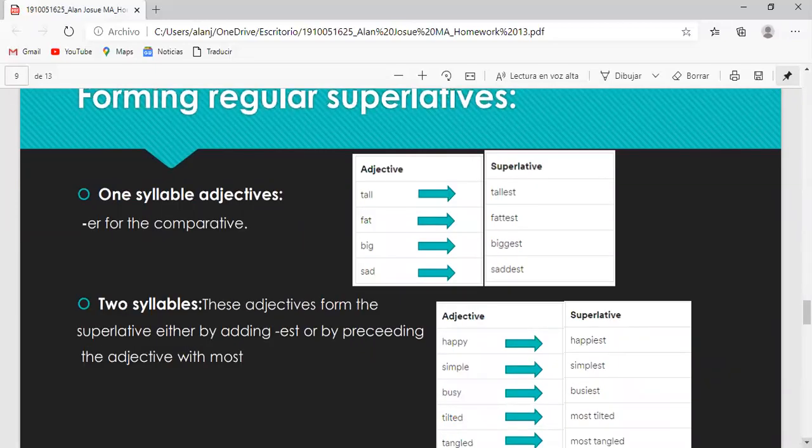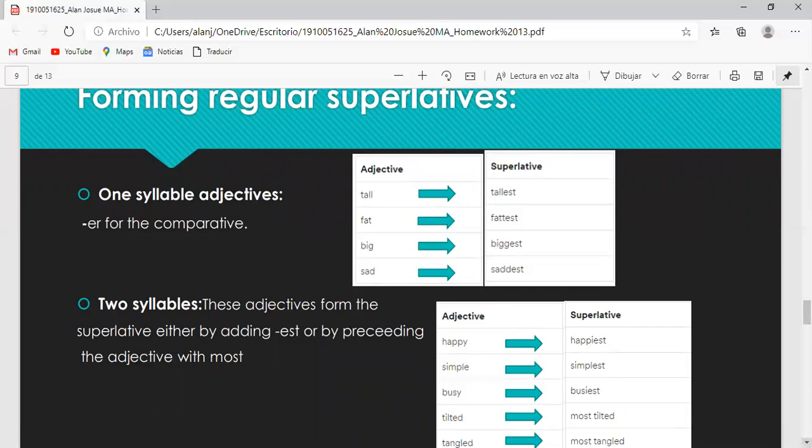Forming regular superlatives for one-syllable adjectives: the same as for the comparative. For example, adjective tall, superlative tallest; fat, fattest; big, biggest.